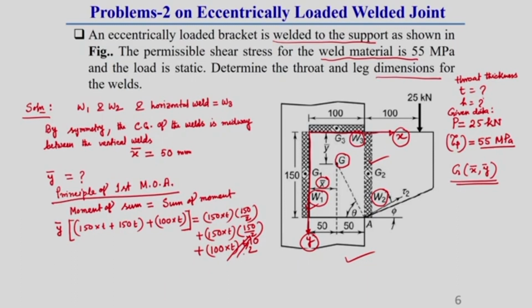So, here we are getting y bar equal to 56.25 mm. So, the coordinates of G with respect to the x axis and y axis are x bar equal to 50 and y bar equal to 56.25.